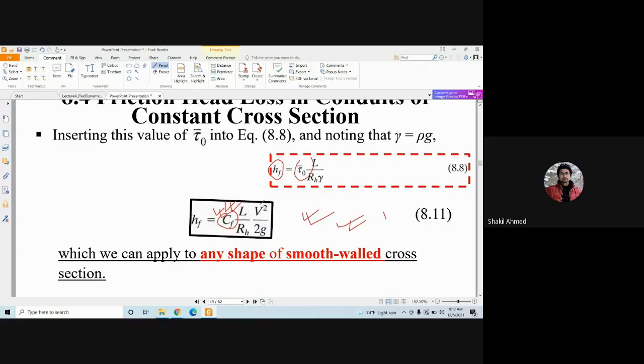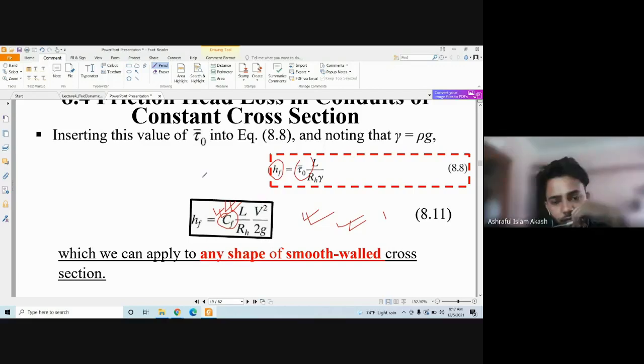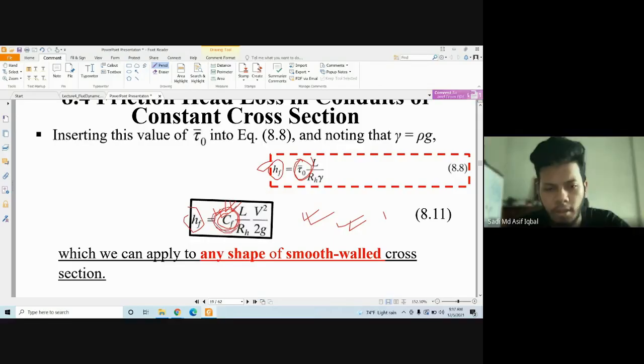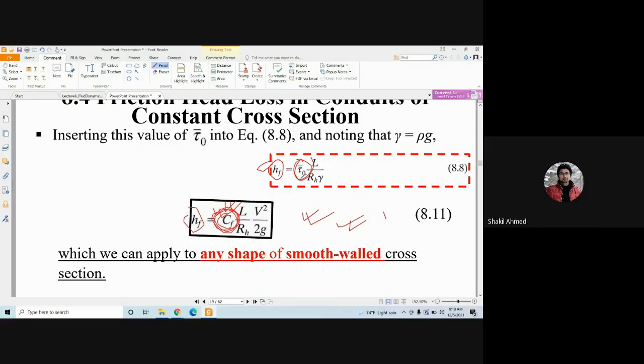Did you notice it, guys? So this is HF, this is also HF. So we have replaced this shear stress with a factor. Why? Because this is difficult to determine. So we have replaced it with a factor, so that we are making it easier to calculate.